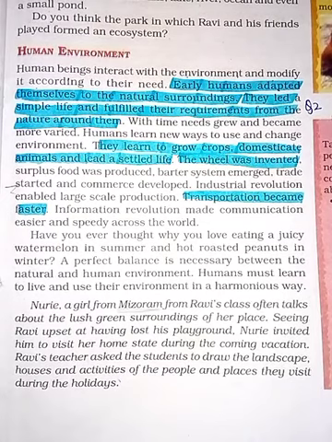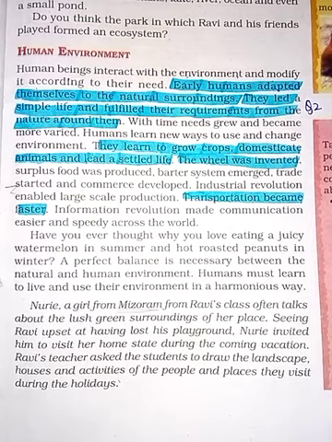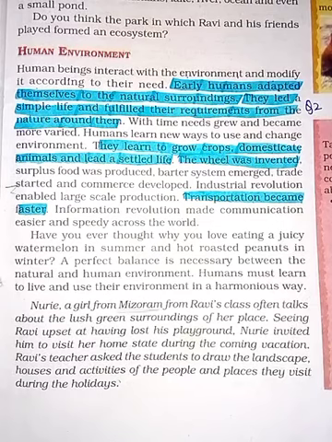Nuri, a girl from Mizoram, from Ravi's class, often talks about the lush green surroundings of her place. Seeing Ravi upset at having lost his playground, Nuri invited him to visit her home state during the coming vacation.